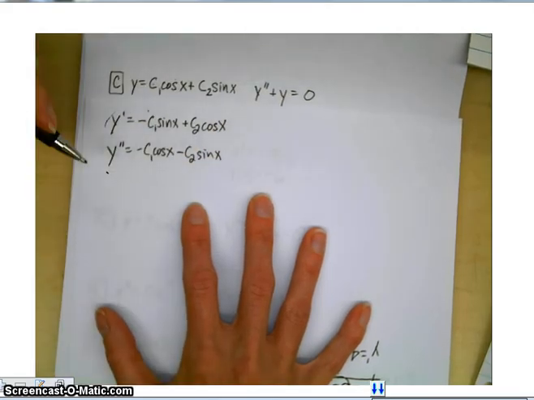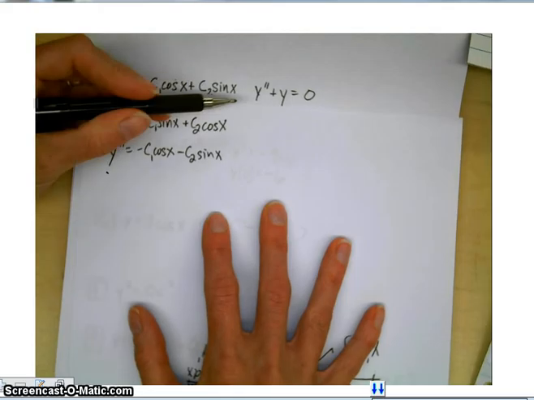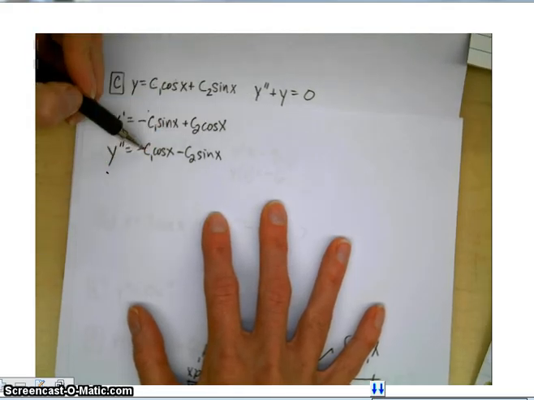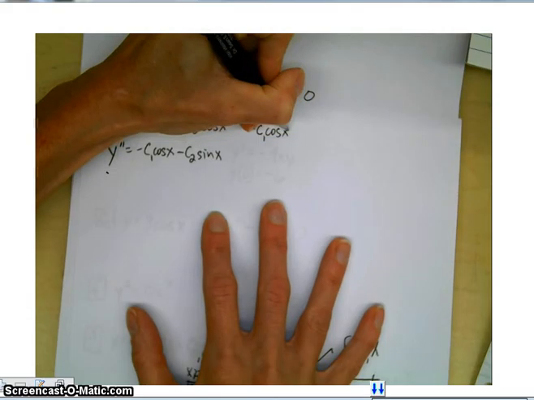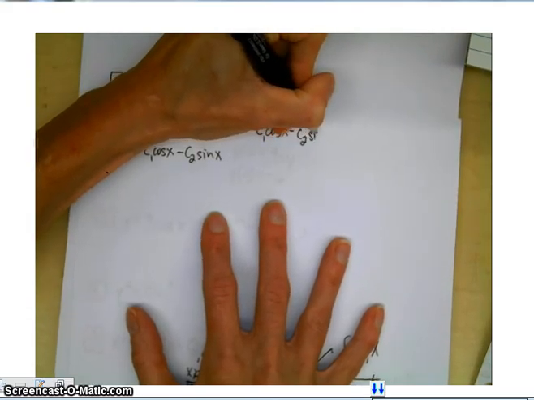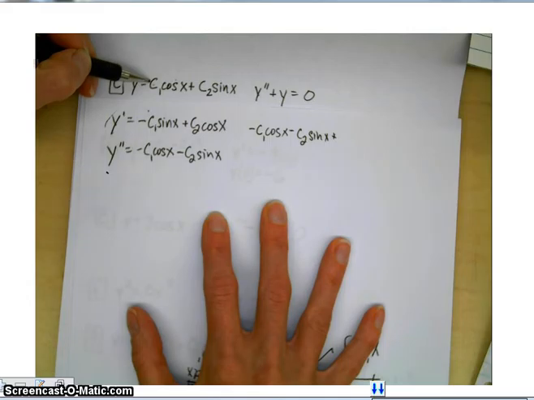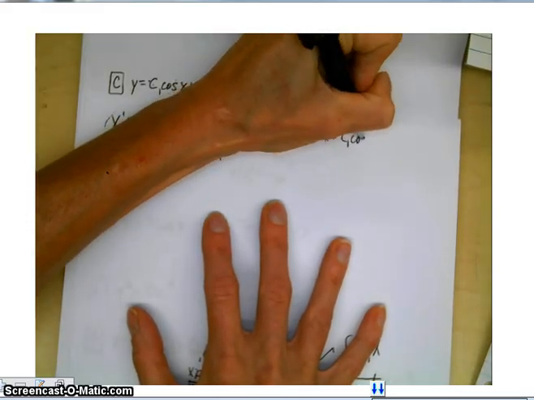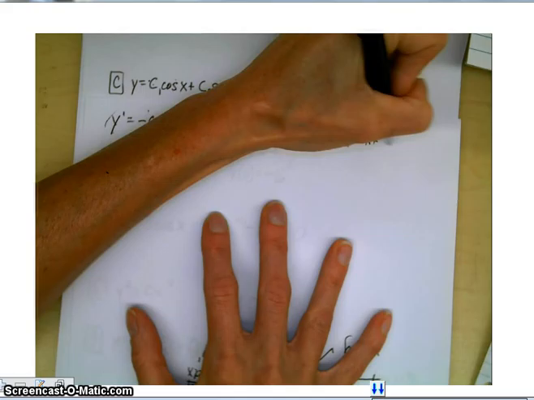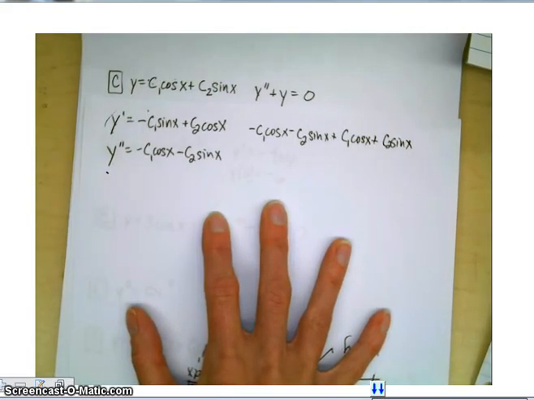Let's just verify that this is an okay format. So y prime prime, well, there's y prime prime. That would be negative c1 cosine of x minus c2 sine of x plus y, well, here's y right here, plus c1 cosine of x plus c2 sine of x. All right.